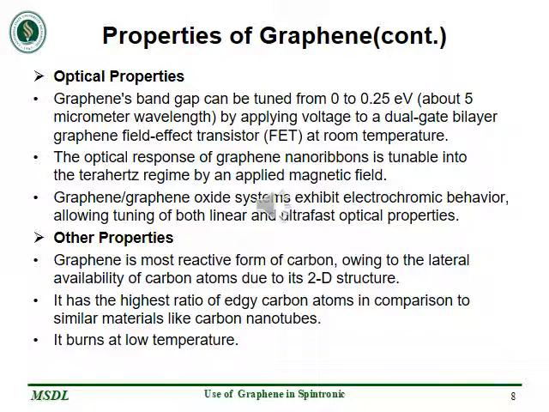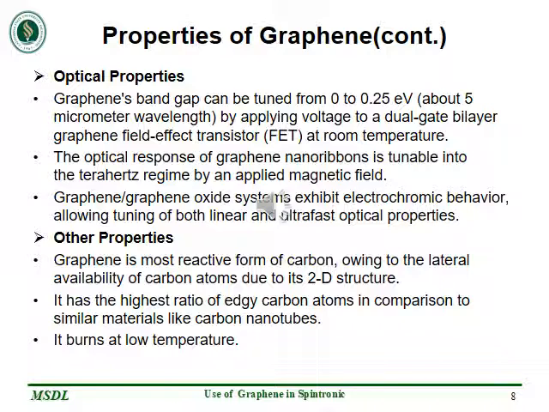Graphene's band gap can be tuned from 0 to 0.25 electron volt by applying voltage to a dual gate bilayer graphene field effect transistor at room temperature. The optical response of graphene nanoribbons is tunable into the terahertz region by an applied magnetic field.